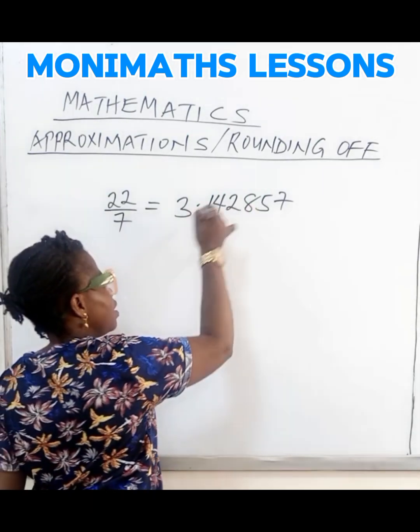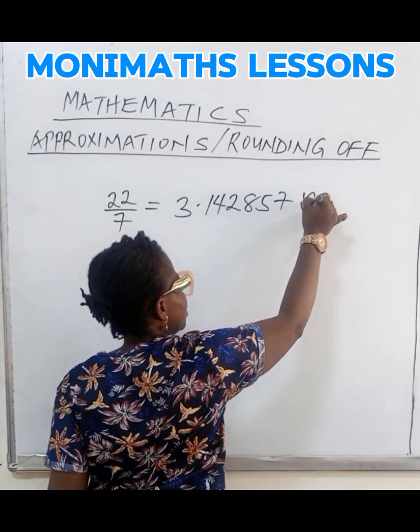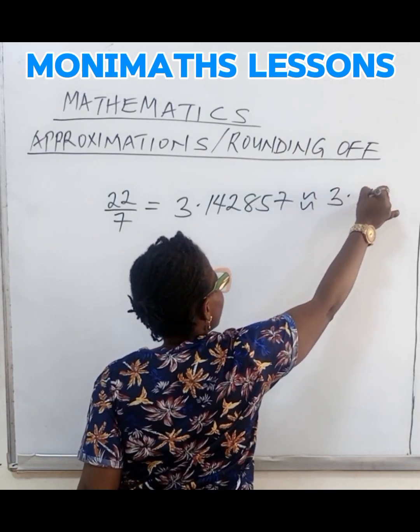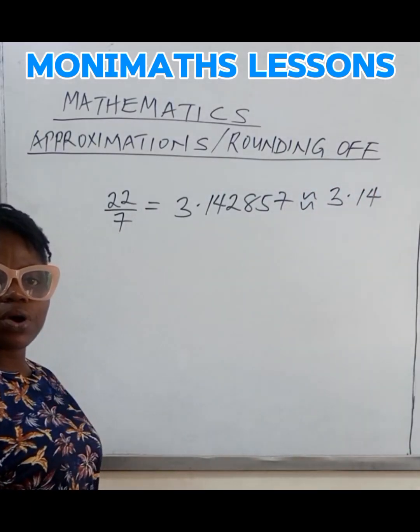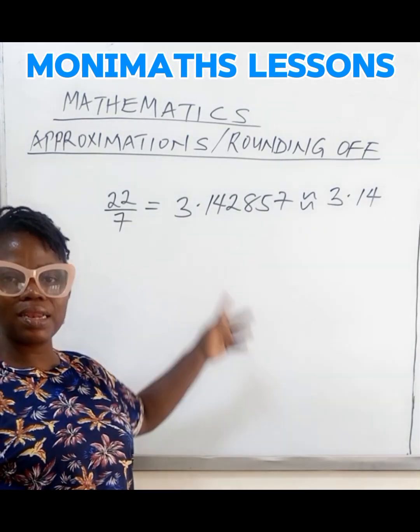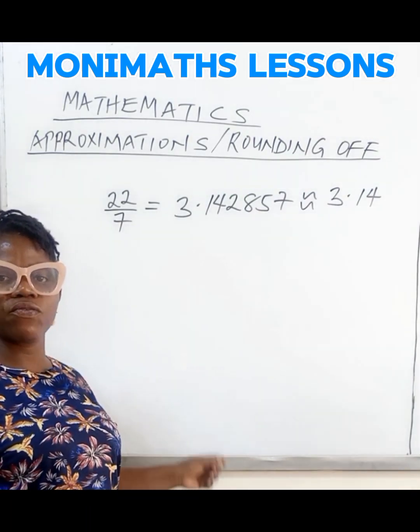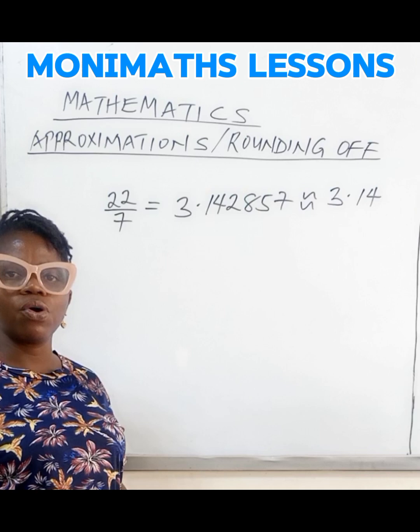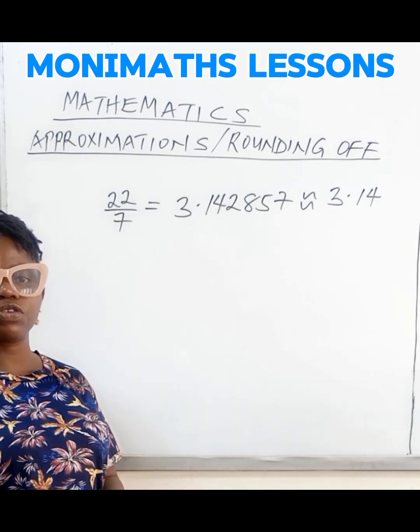Then in that case, I will say this is approximately equal to 3.14. 3.14 is not exactly equal to 3.142857, but it is approximately equal to it.